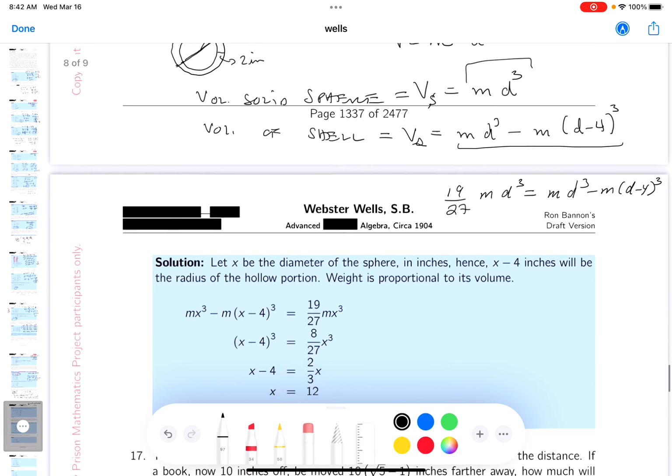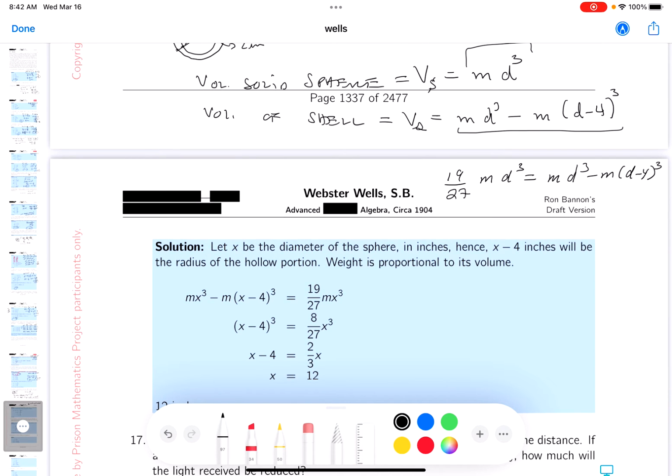All right, I'm going to divide both sides by m. You get 19/27ths d cubed equals d cubed minus (d minus 4) cubed.